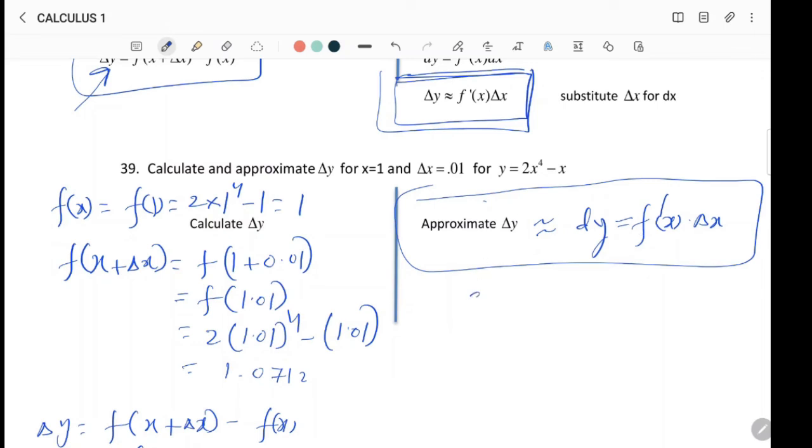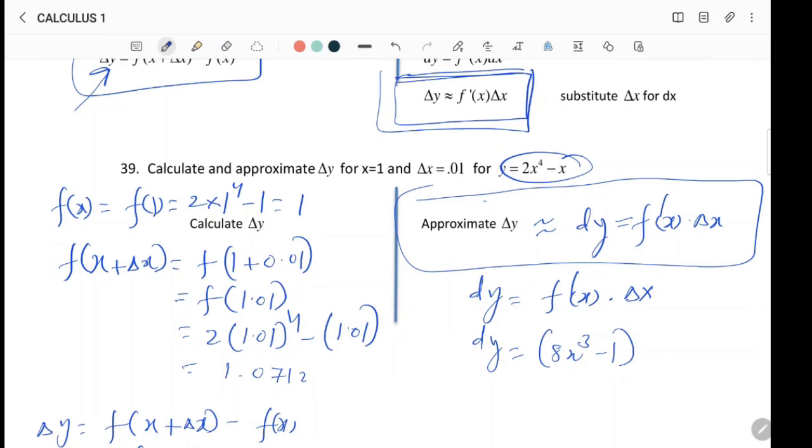Just differentiate this, which is 8x cube minus 1, times delta x, which is given as 0.01, and x is 1.